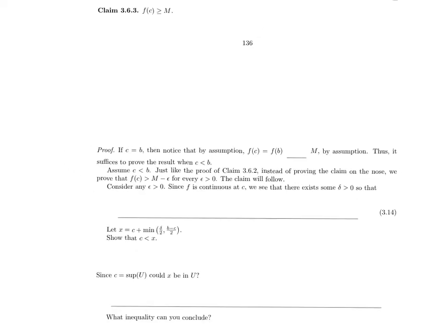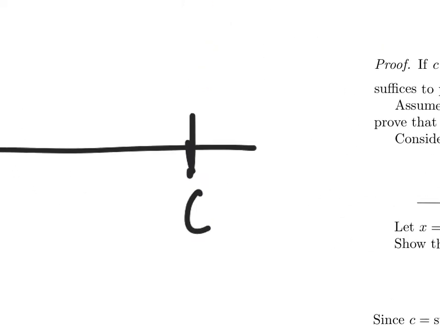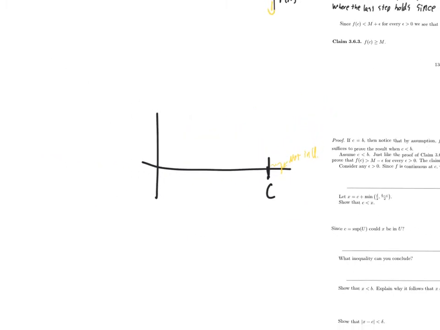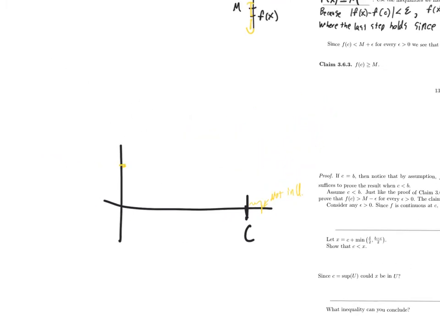because let me tell you how the proof is going to go. So let's draw this picture. So there's c, which is the supremum of the set of all x's where f of x is less than m. If I look just a little bit to the right, this element is not in U. So that means that there's this line at y equals m, the y value corresponding to this point will be above.